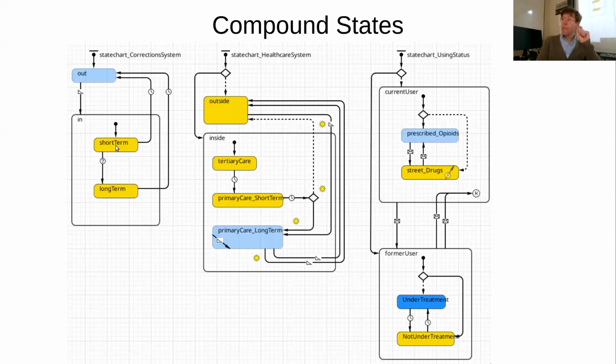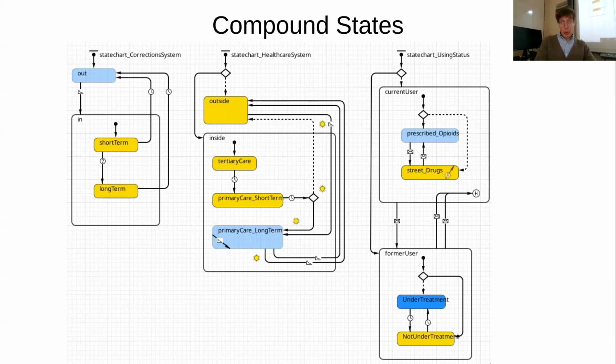Feature one, a compound state can contain other states. So someone who's in the correction system can be in it in a detention context, perhaps in the police lockup, in the hoosegow for a short time, or they can be in it for a longer term period.